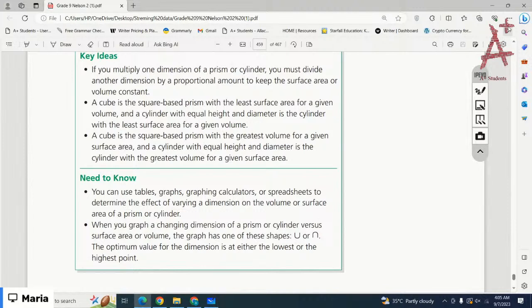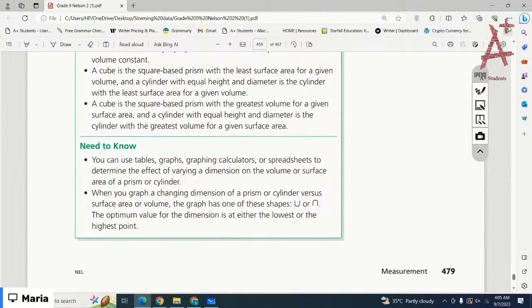When you graph a changing dimension of a prism or cylinder versus surface area or volume, the graph has one of these shapes, either a U or the opposite U. The optimum value for the dimension is at either the lowest or the highest point, right?